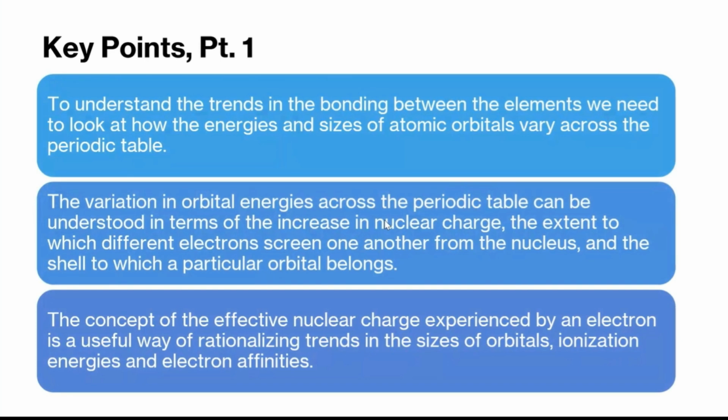And in addition, understanding effective nuclear charge and also the concept of screening will help us understand these bonding trends. So that's a nice little addition, along with understanding sizes and energies of atomic orbitals. Then we'll go over some more effective nuclear charge lore, and things like ionization energies and electron affinities.